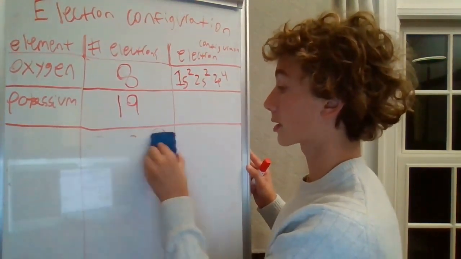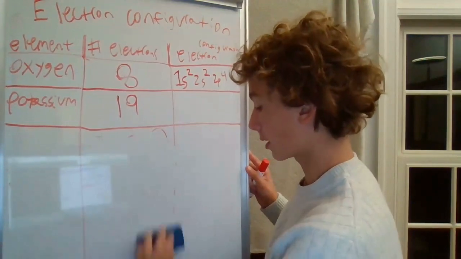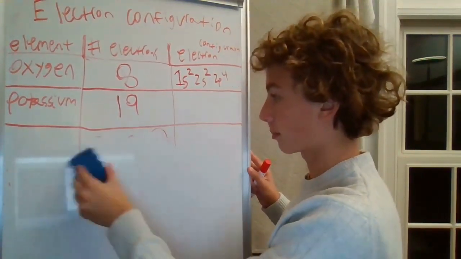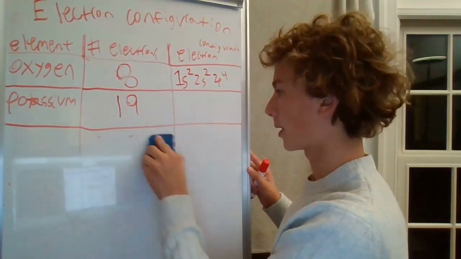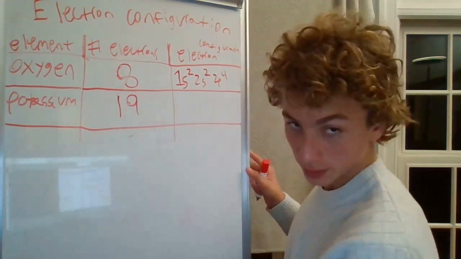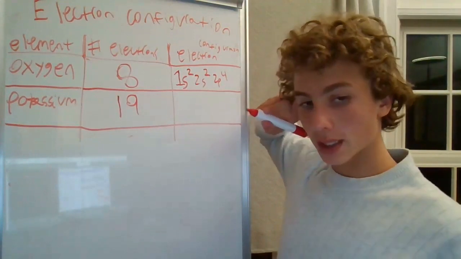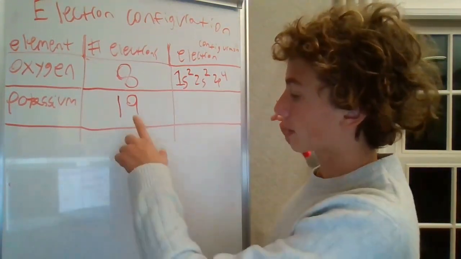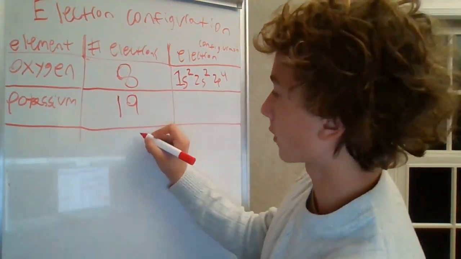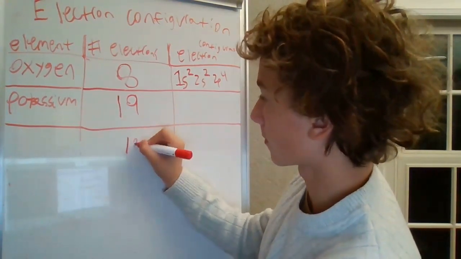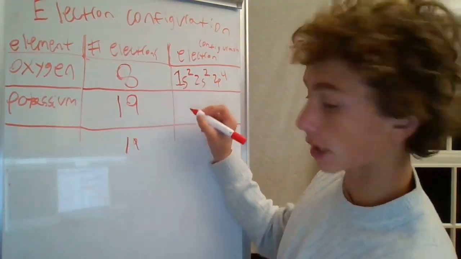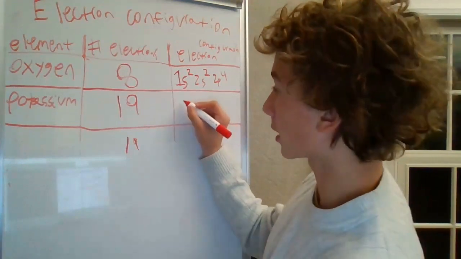Well, it's literally just the same exact thing. It's not any harder. Well, at least it's not too much harder. So here we are. So we have 19. One of the things that I'm going to quickly do is, as we go through, I'm going to subtract. So I'm going to start off here with 19.